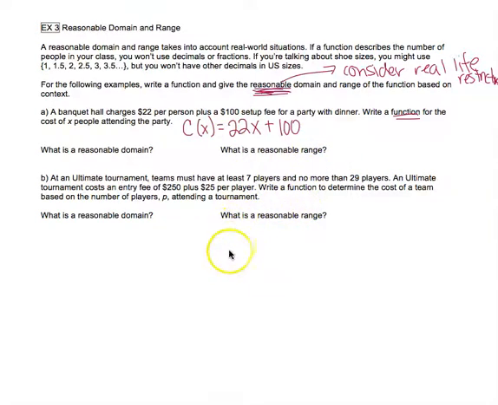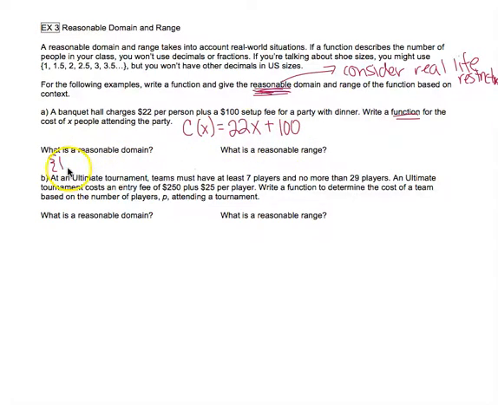So, reasonable domain. When I'm looking at this, we are talking about people. The least number of people that you could have attending would be one person. You can't have 0 people because who's going to pay for something that they're not even going to attend, right?